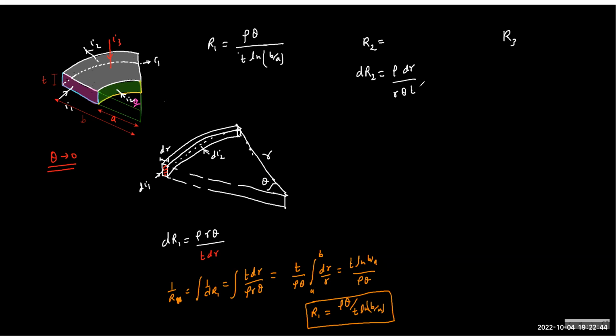It is r theta into t. You're crossing this part, right? What is this area? r theta is the arc length and t is the thickness, which gives the area of the rectangle: t r d theta, right?